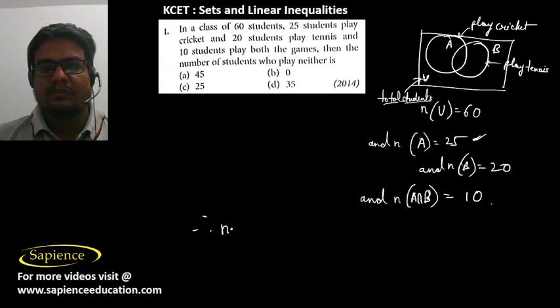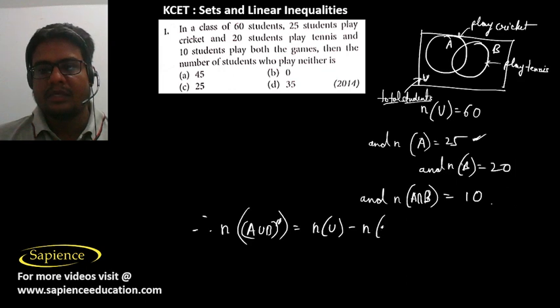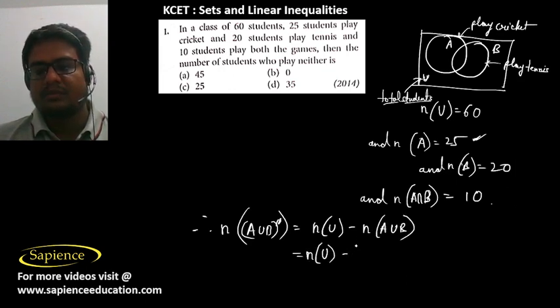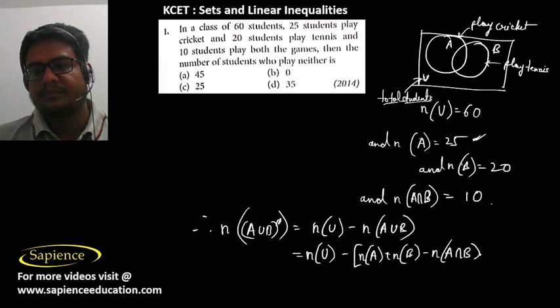Now we have to find n of A union B whole complement. It means we have to do n of U minus n of A union B, which is n of U minus n of A plus n of B minus n of A intersection B. So that will be n of U plus n of A intersection B minus n of A minus n of B.